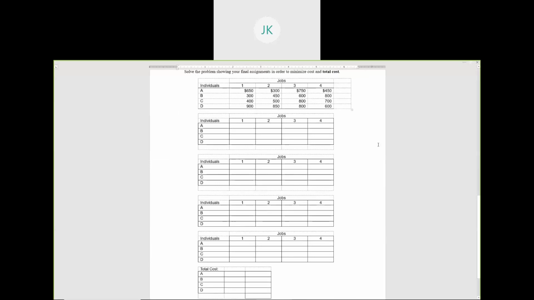So, the scheduling assignment method. The first step is to subtract the smallest on each row. So this one is smallest, so subtract 300, and the second row, 300 is smallest, and the third row 400, and the fourth row 600.